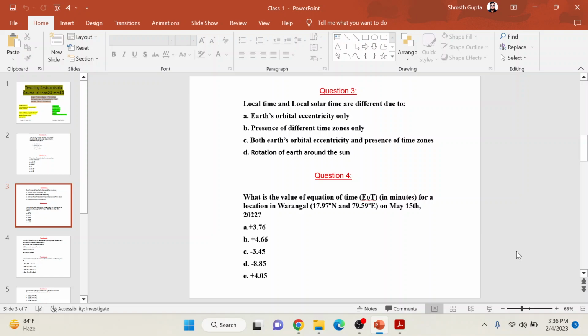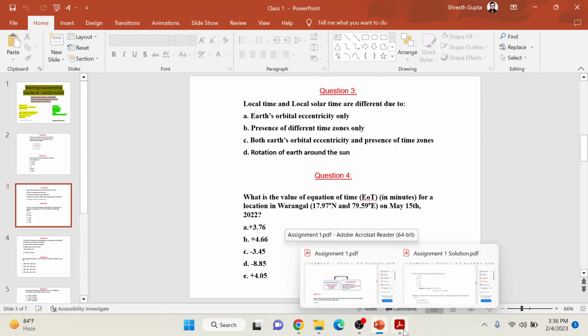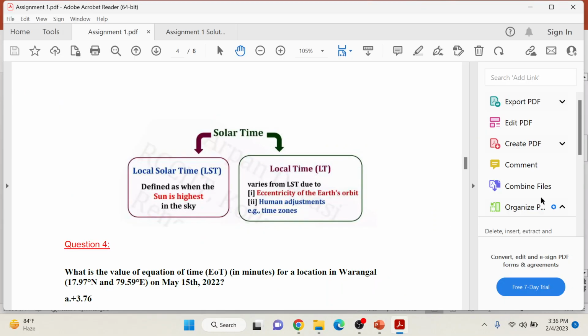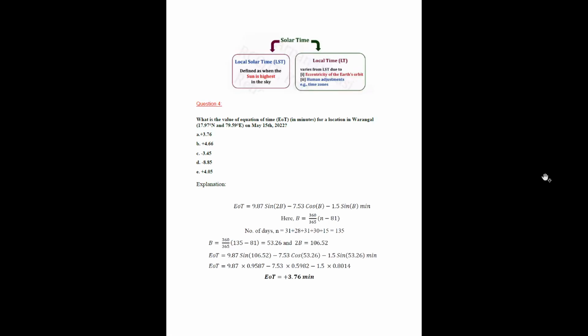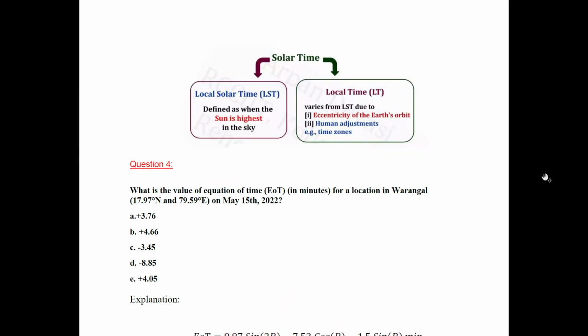Okay, so it is 3:36. Let's see the solution. The question is asking, what is the value of equation of time in minutes for a location in Warangal, which is 17.97 degree north and 79.59 degree east, on May 15th, 2022.